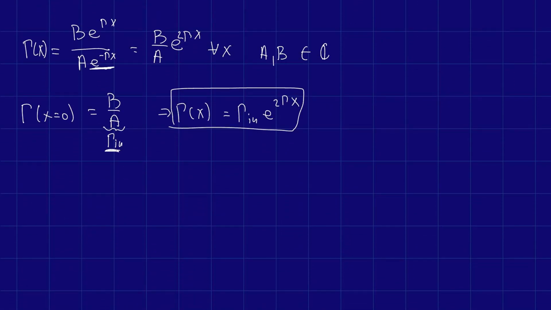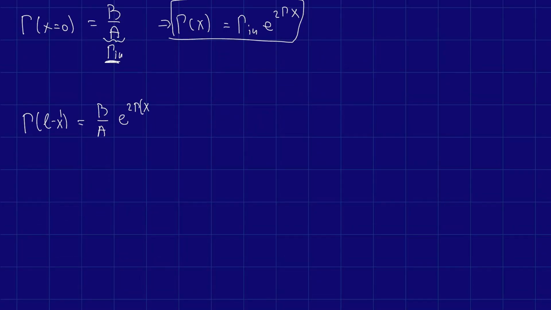So we have here that gamma of x was equal to B divided by A e to the 2 gamma x. And now, if we substitute for x, we will write it as L minus x prime. That means that also here we will substitute L minus x prime. So this is equal to B divided by A e to the 2 gamma L e to the minus 2 gamma x prime. And this formula is also true for all x prime in the transmission line.